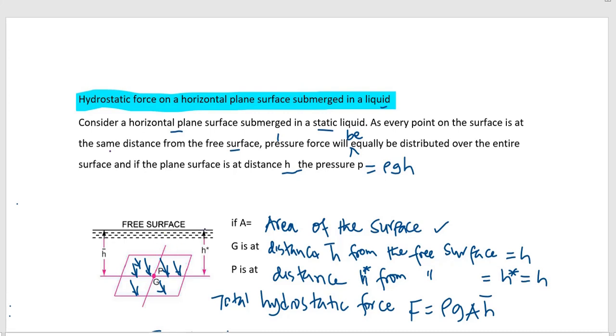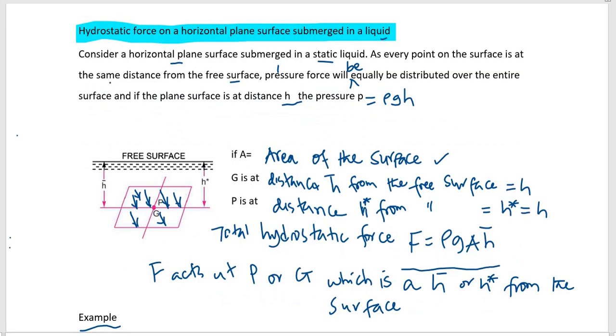Therefore, if A is the area of the surface, and G, the center of gravity, is at distance h bar from the free surface, it is also equal to h. P, the point of application of the center of pressure, being at a distance h star from the free surface, h star is also equal to h, because all the points on the plane surface are at the same distance from the free liquid surface.